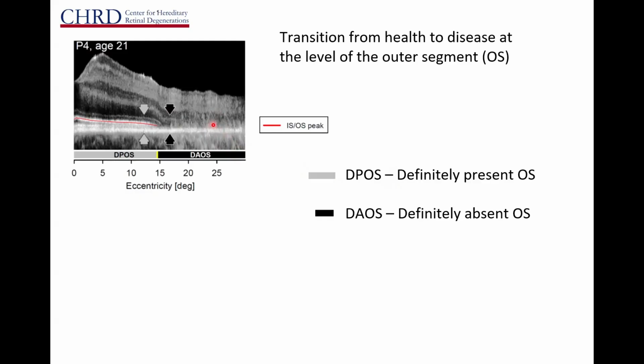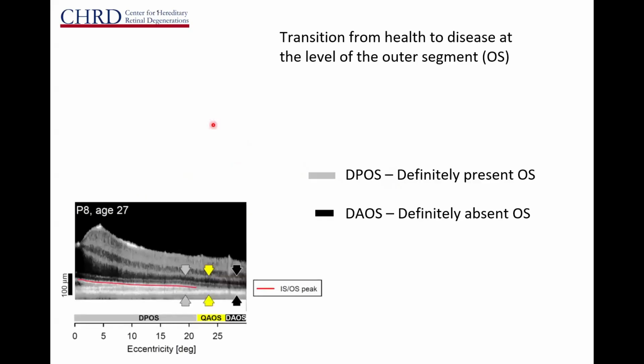which uses similar concepts. And here's another example, which is less known, I believe, in the field, in another RP patient. Again, there is a central region of healthy retina and a peripheral region of more diseased retina, certainly not as diseased as the one that I showed before.